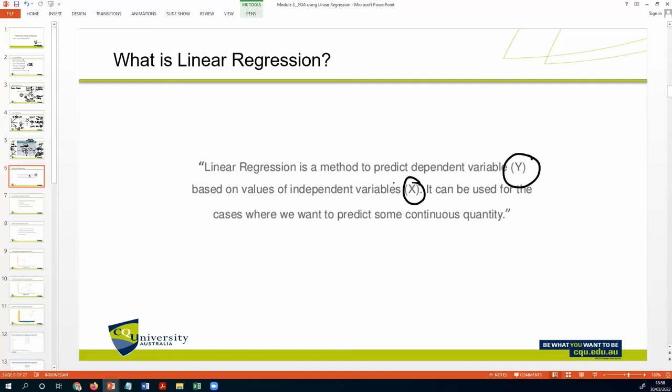It can be used for cases where we want to predict some continuous quantity, like credit granted or salary, depending on, let's say, age, education, experience, how many companies you have been through. Then you predict the salary of the individual.